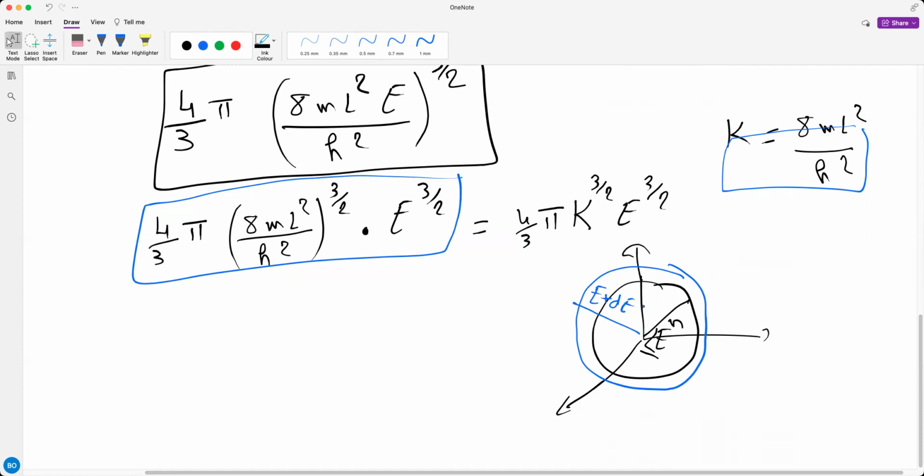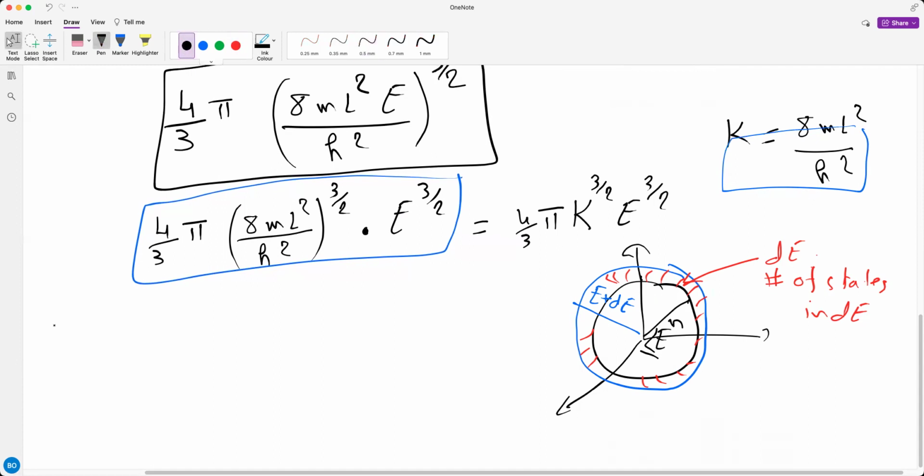Okay. So this means the red part is the one that I want to calculate. So this is dE. This will give me the number of states in dE, in this very small element of dE. Okay.